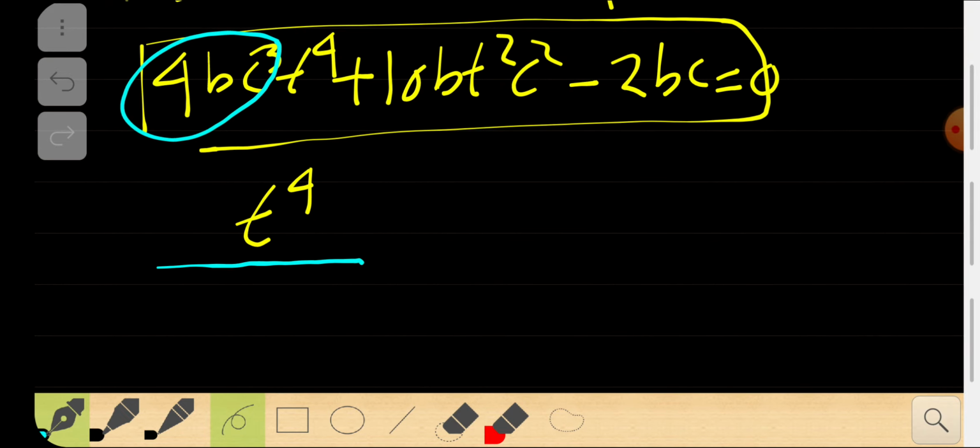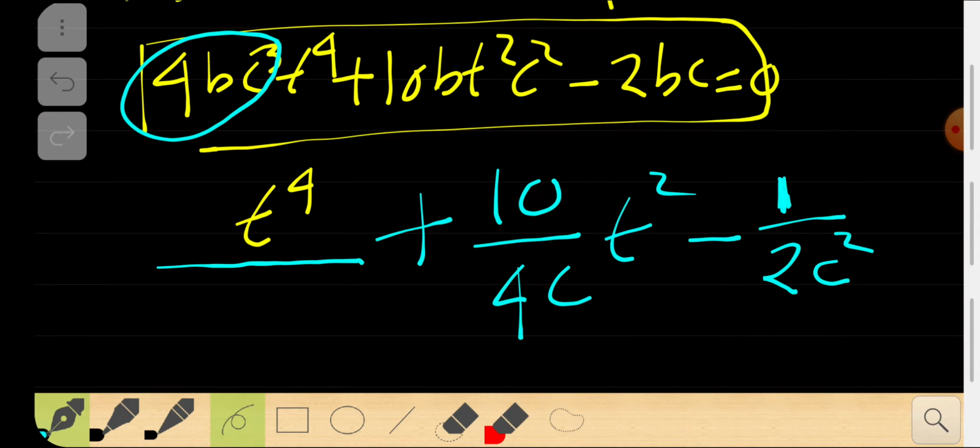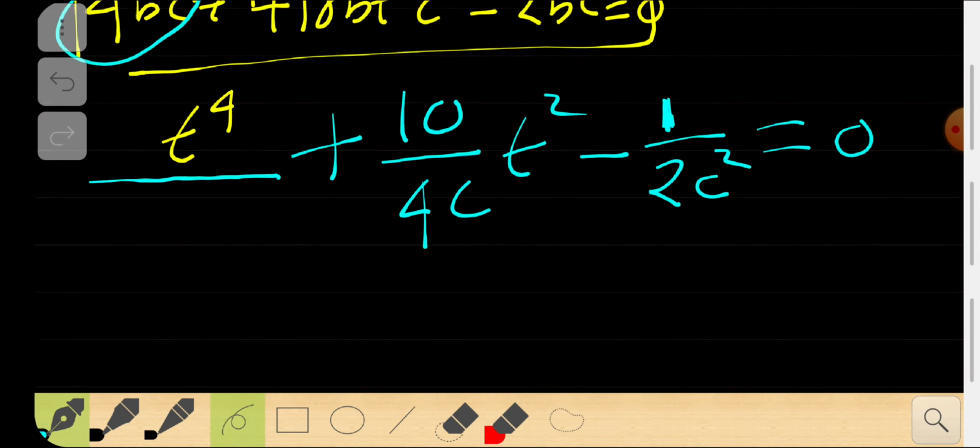This thing cancels, and you get t raised to 4 plus 10 by 4c t square minus 1 by 2c square is equal to 0. This is what you'll get.